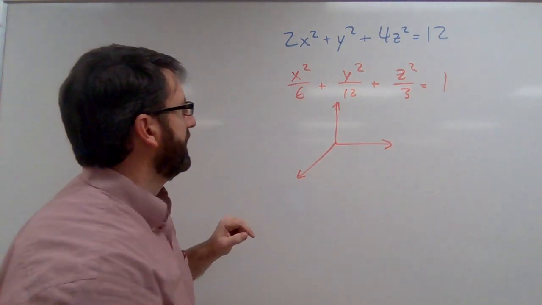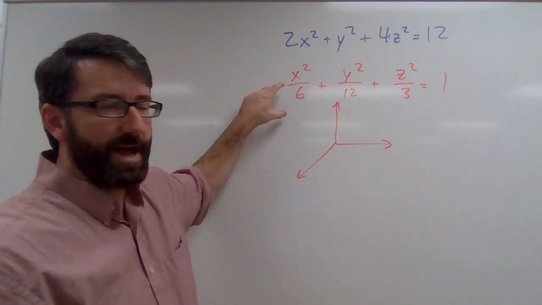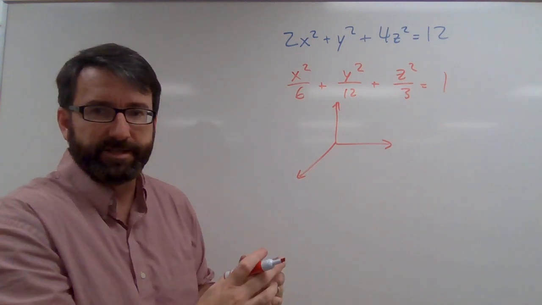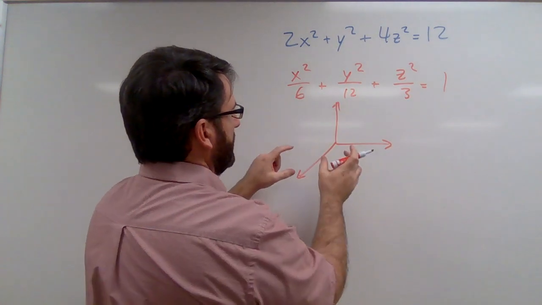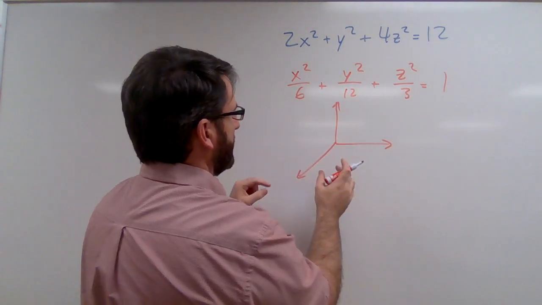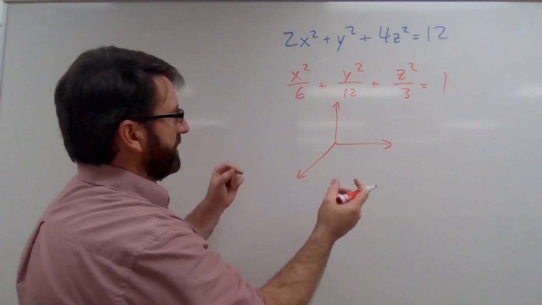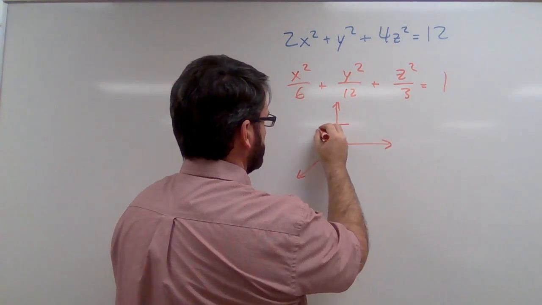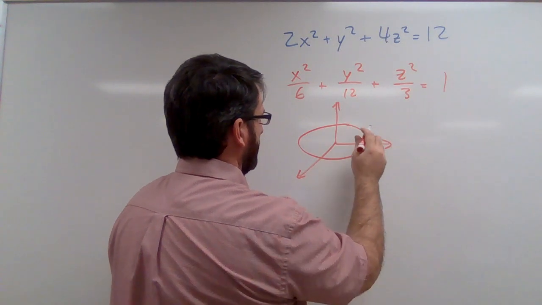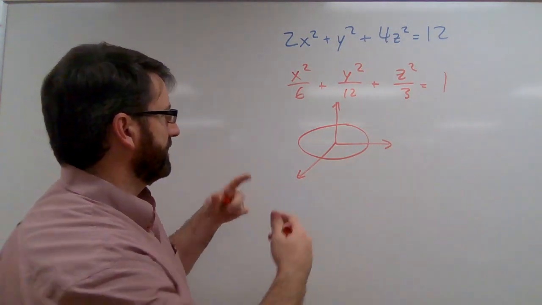So if we graph our ellipsoid here, on the x-axis, we're going to go out square root of 6 on both sides of the origin. On the y-axis, we're going to go out square root of 12. On the z-axis, square root of 3. So we're going to get this kind of potato-shaped ellipsoid here.